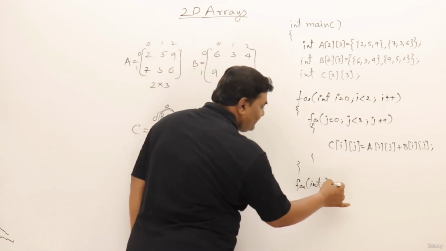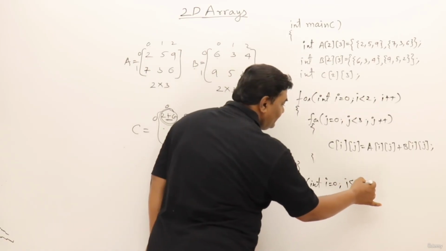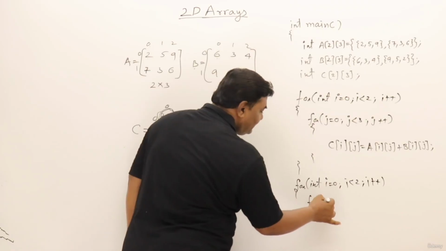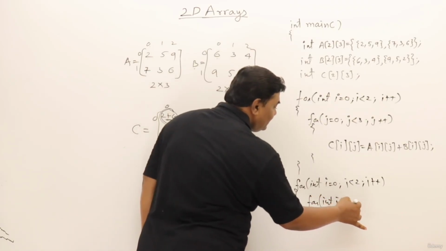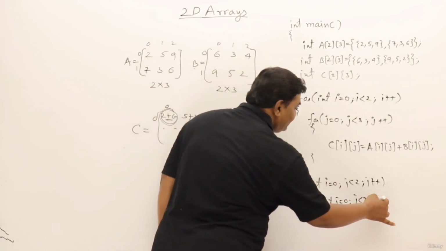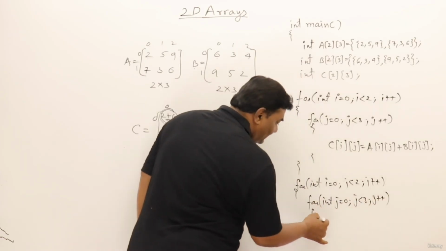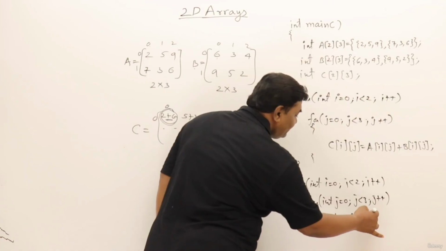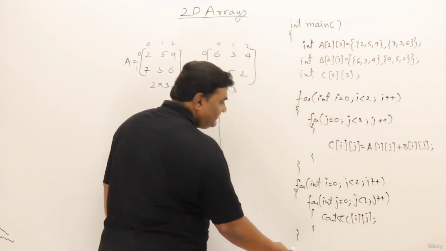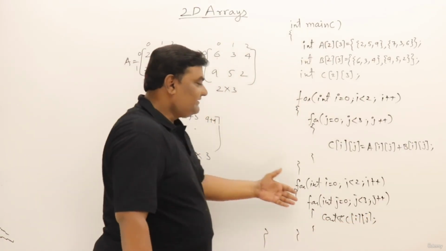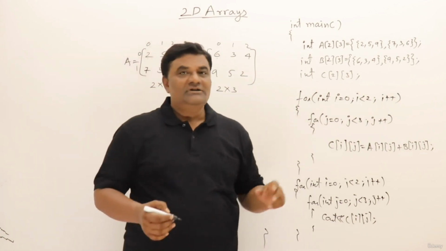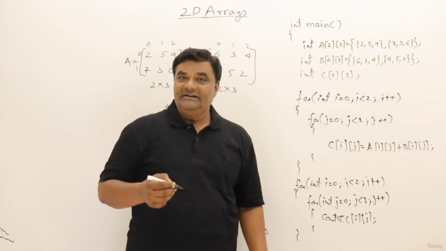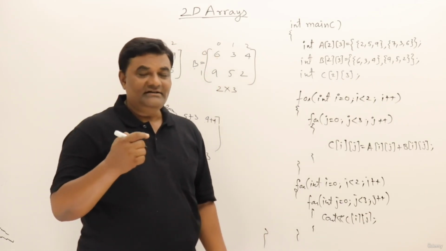For int i = 0; i < 2; i++, and for int j = 0; j < 3; j++, and cout C of i, j. That's it. So this will display the resultant matrix. Addition I have shown you. Just by changing the sign we can make the program for subtraction, and multiplication will be an exercise for you. You can try that multiplication.